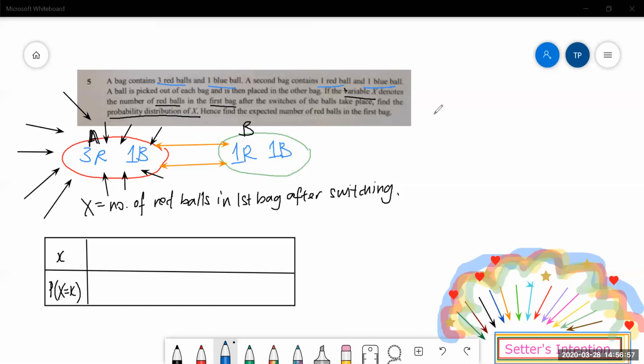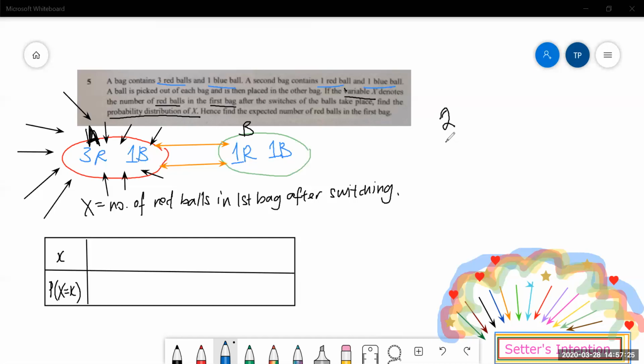Can you say again? What I just said was, what can be the different possibilities of the number of red balls in bag A after switching? 2, 3, or 4. It can be 2, because it's possible that I take out 1 red.